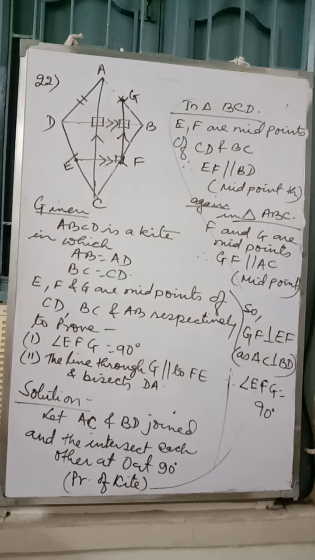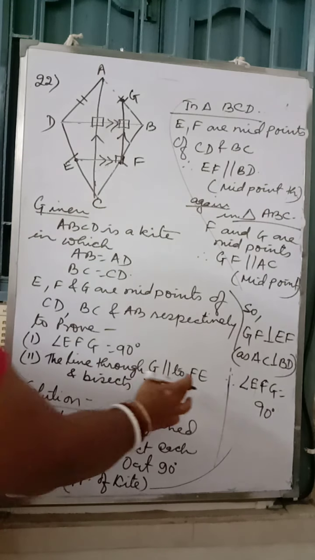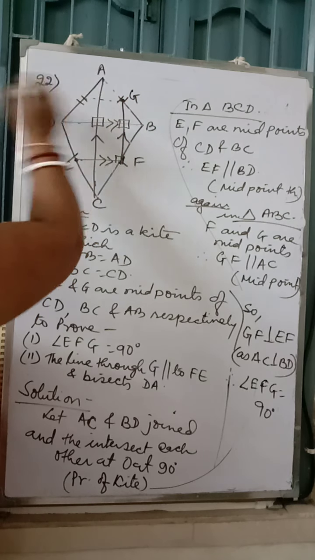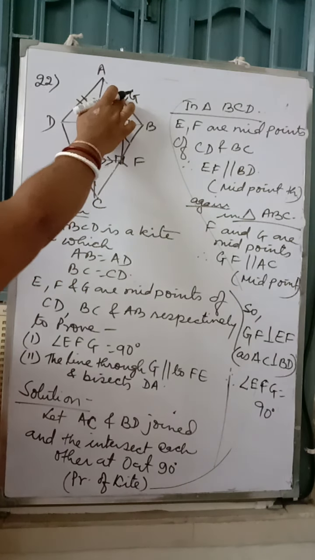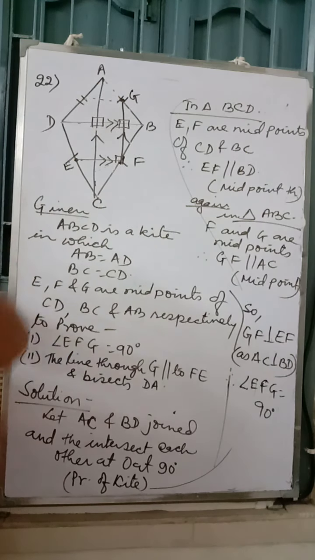Second situation, it says the line through G is parallel to FE. Now a line, if I construct according to the converse of midpoint theorem, is parallel to BD and bisects AD.